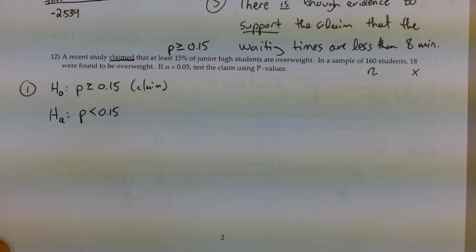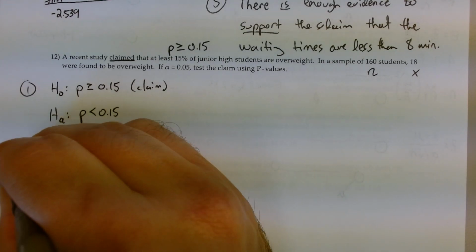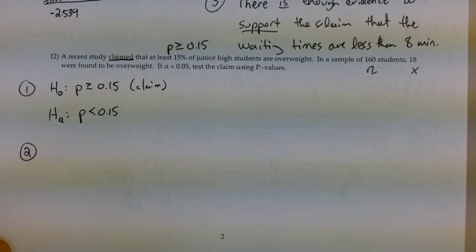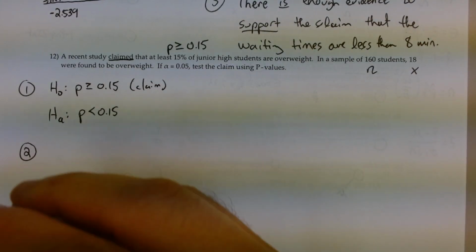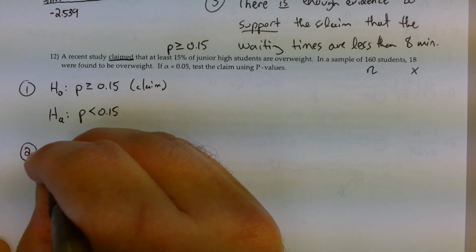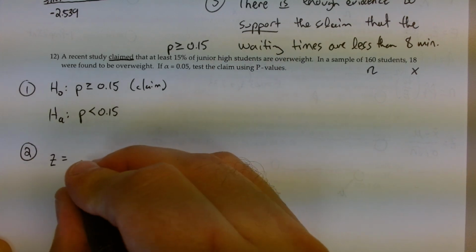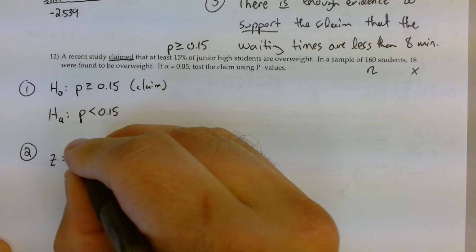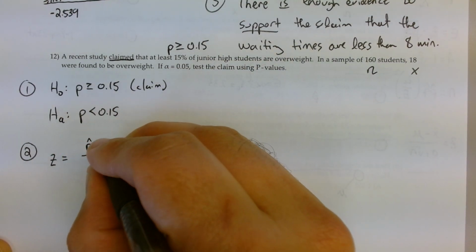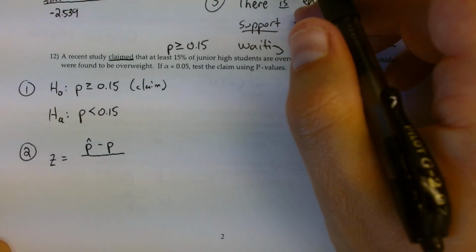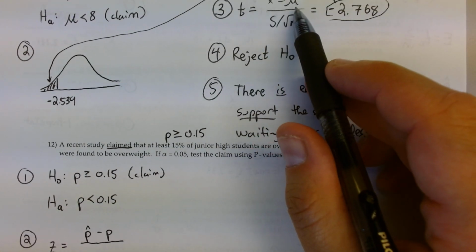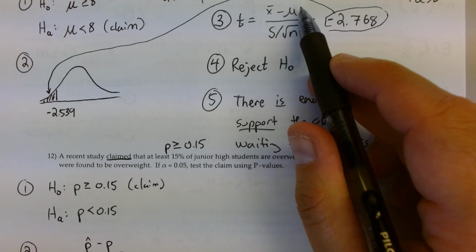or the p-value method. So in the p-value method, the second step is to find the test statistic. For proportions, we go back to using z, and the formula here is different from what we've seen before. This is p hat minus p, which is similar to the x bar minus mu. It's the sample thing minus the population thing.